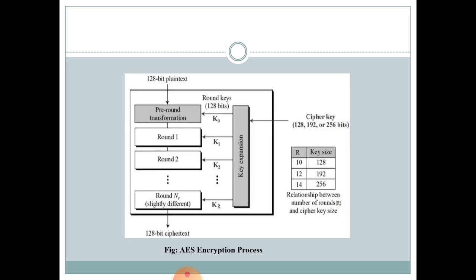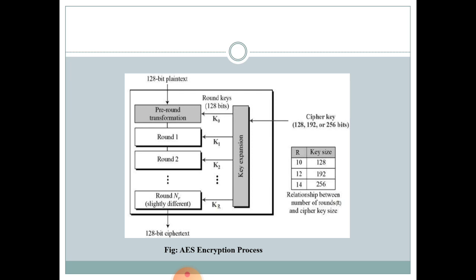This is the structure of the AES encryption process. Here, on the 128 bit plain text, we first perform the pre-round transformation. For the pre-round transformation operation, we apply a key which is denoted by k0 in this diagram.